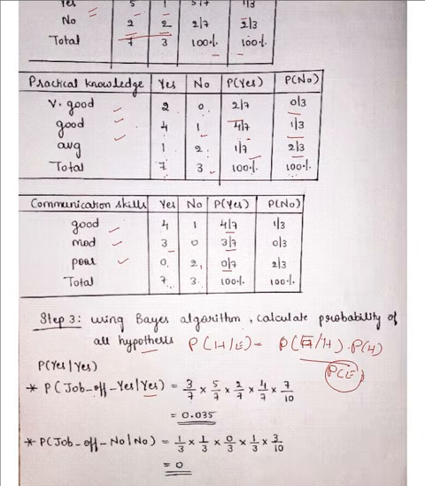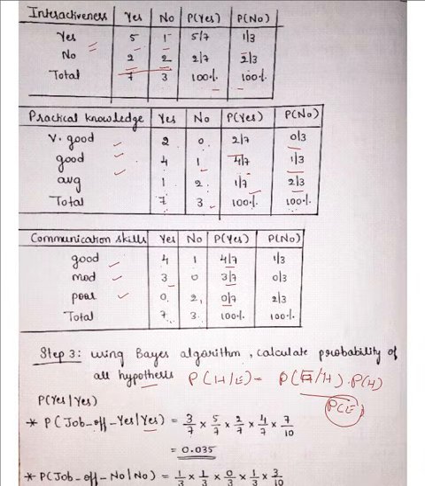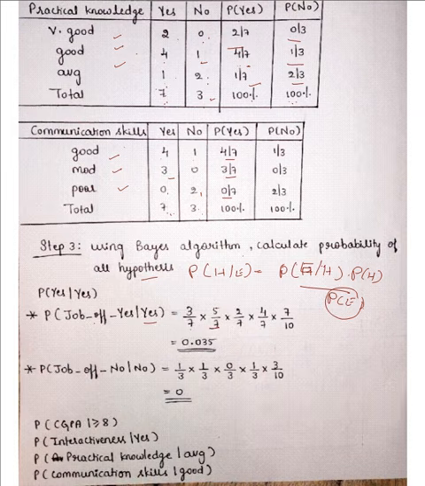The next attribute is interactiveness on yes. Here we have to consider all on yes. The first attribute here is yes, and the likelihood probability of interactiveness on yes is 5 by 7. So we write 5 by 7 here. Into the next, practical knowledge very good, the likelihood probability of yes is 2 by 7.